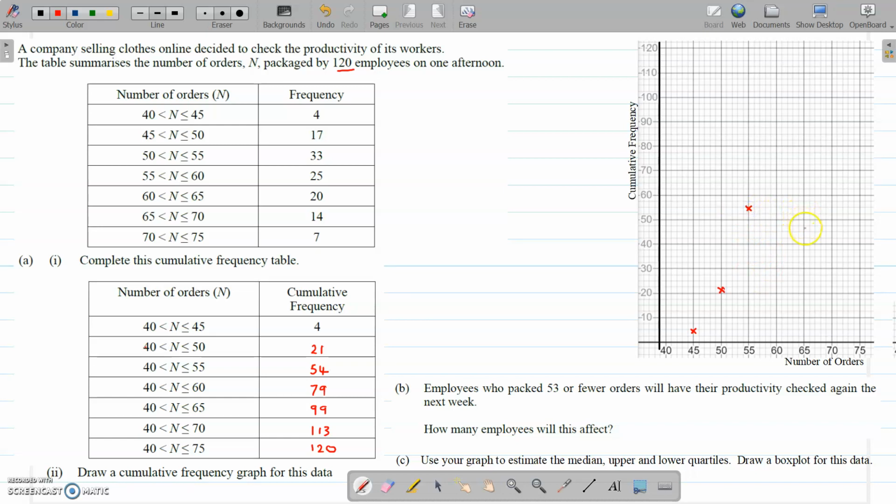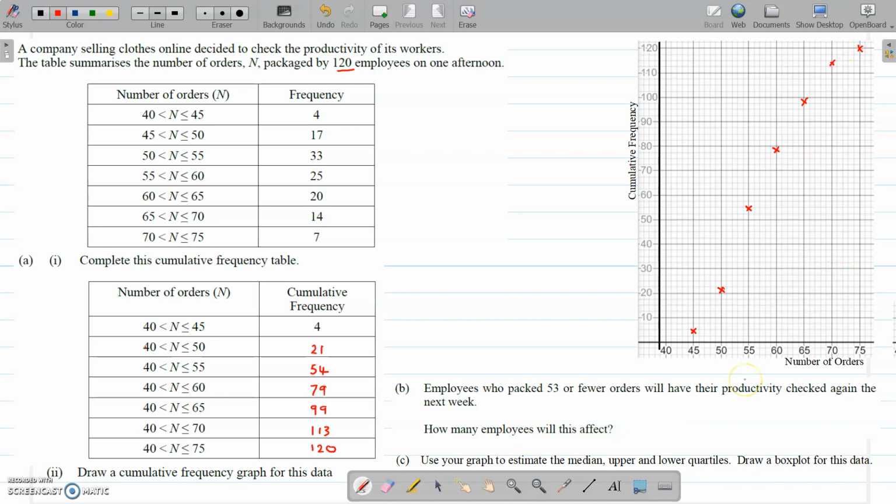And then we come to 79 at 60, so that's just under there. Okay, and then we have 99 here at 65. 113 is about here, and 120 is up there.